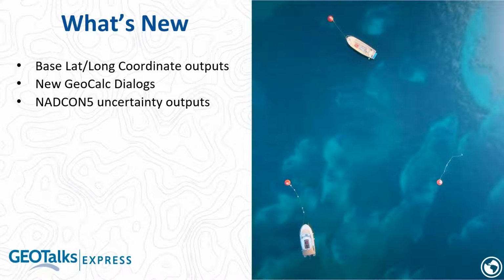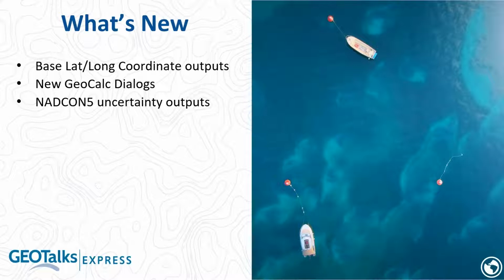We're going to be looking at NADCON 5. This is the new National Transformation software provided by the United States National Geodetic Survey for the official transformation method between any of the official survey standards.